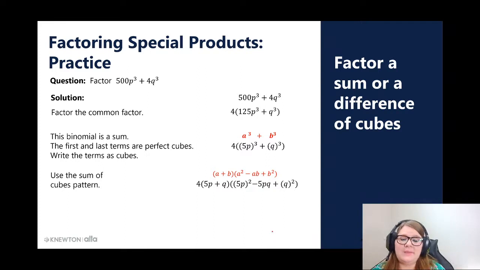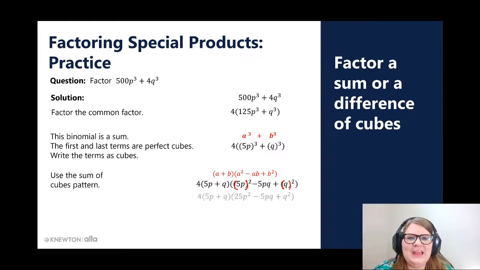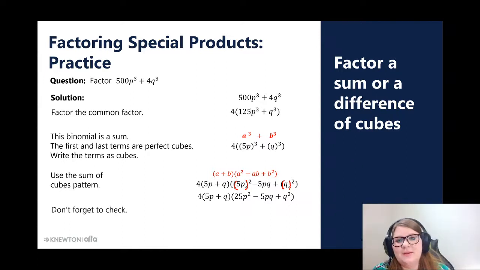So when I plug this in, again, I put parentheses around my 5p when I square it, and I put parentheses around my q when I square it. A little less important because it's just one term, but good idea to do. And then I simplify it. I end up with 25p squared in that spot instead, but I carry everything else down exactly. So that is how you factor sums and differences of cubes.